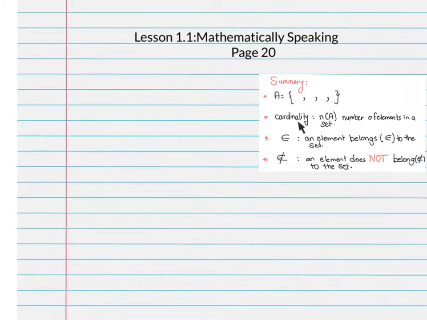Cardinality is how many elements are present in a set, and it is written as n, parentheses, the set A. Another point, belongs, and this is the symbol of belongs in case the element that is given is in the set, it's part of the set. We write the element belongs to the set, or does not belong. This means the element that is given is not part of our set.